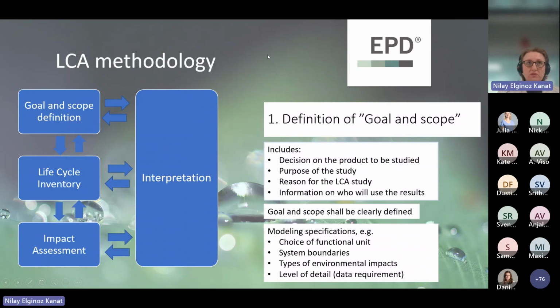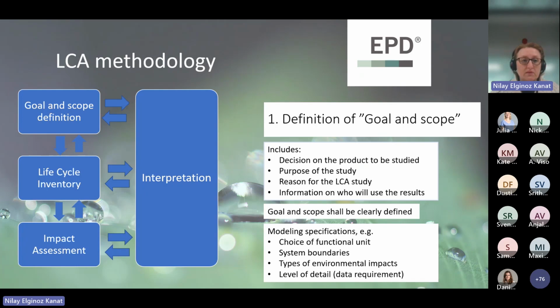So LCA methodology has 4 stages, and these are iterative. The first one is goal and scope definition. The second one is life cycle inventory. The third one is impact assessment. And the fourth one is interpretation. As you can see, the flows go both ways. So you can decide your goal and scope and collect all the data you need in the second phase.